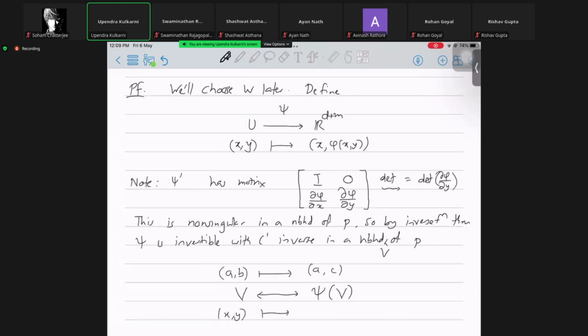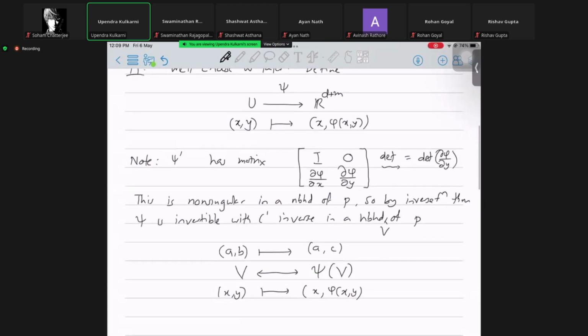So (x, y) by definition is going to (x, phi of (x, y)). But remember, this map is invertible. So I can write a formula for the inverse. So let's call this general point (u, v). Where does that get mapped?